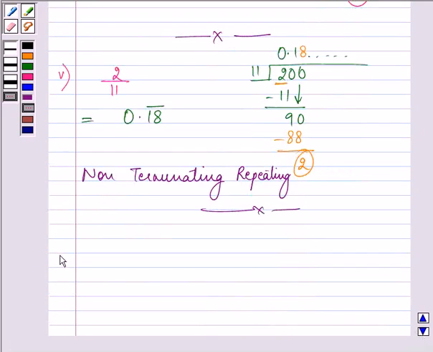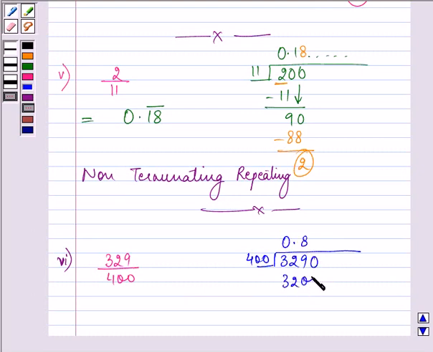Proceeding with the last and final part, we have the expression 329 divided by 400. Again, we need to put a decimal. Then 400 multiplied by 8 will give us 3200. On subtraction, we get the remainder as 90.